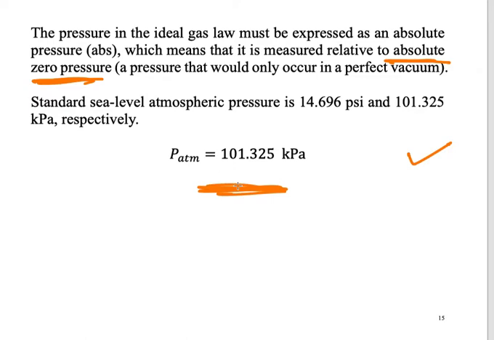But please bear in mind that the unit has the prefix kilo. Every time you want to substitute this value into your equation, please write it as 101,325 pascal, because the kilo is the prefix of the unit, so you need to expand the meaning of kilo.